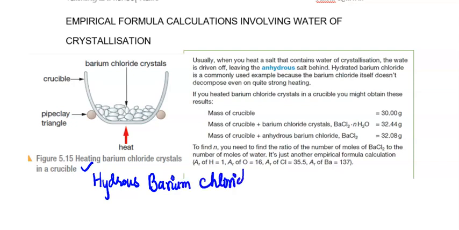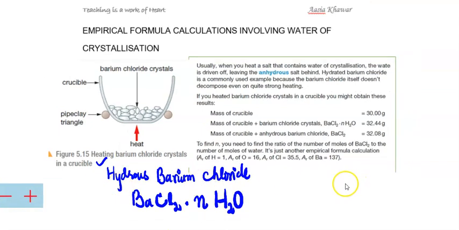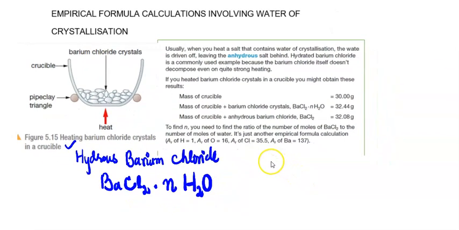So we write barium chloride BaCl2, and we don't know how many water molecules are present in it as a part of its crystalline structure. So this is a complete compound which contains water as a part of its structure, and we name it hydrated barium chloride, or hydrous barium chloride, right?